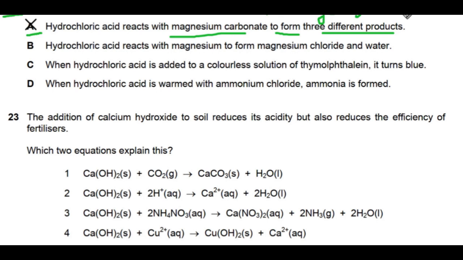That will be magnesium chloride plus carbon dioxide plus water.